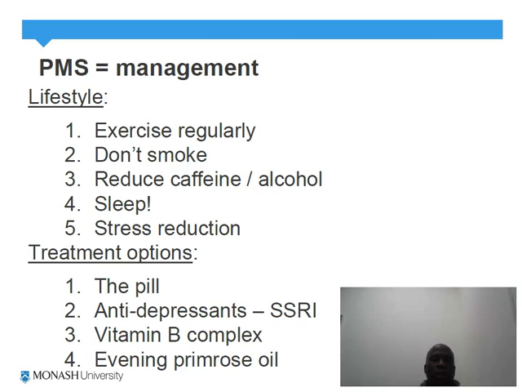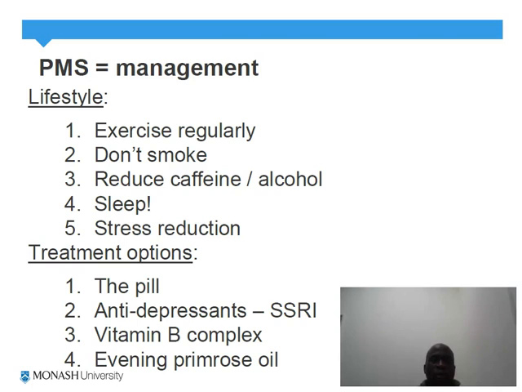Reduce caffeine and alcohol. And also sleep enough. Sleep well. And then reduce stress. In such a period, you must not expose yourself to extreme stress. That's one way you could manage PMS.